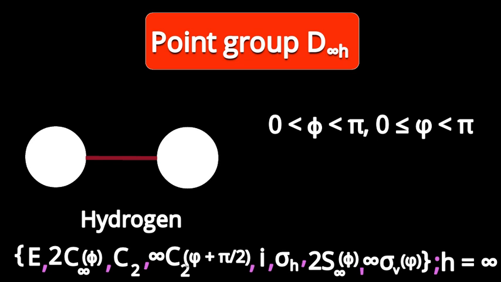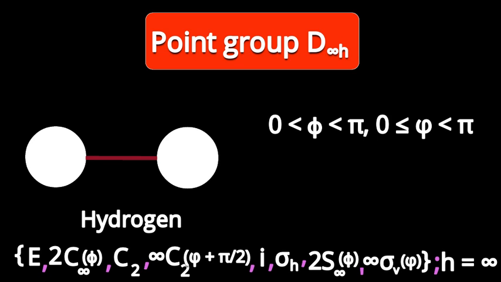Right, C infinity. How do we represent the possible operations around C infinity? Double C infinity operations with variant angle phi, where phi is greater than 0 but less than pi. About that I have discussed in detail elsewhere.